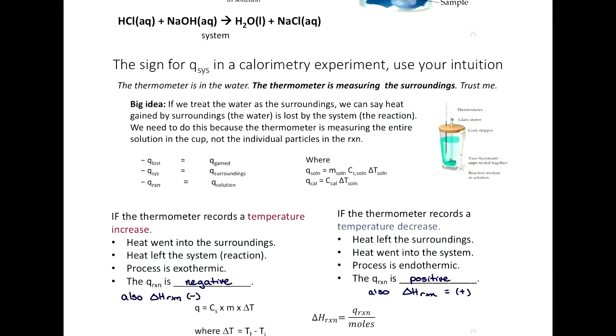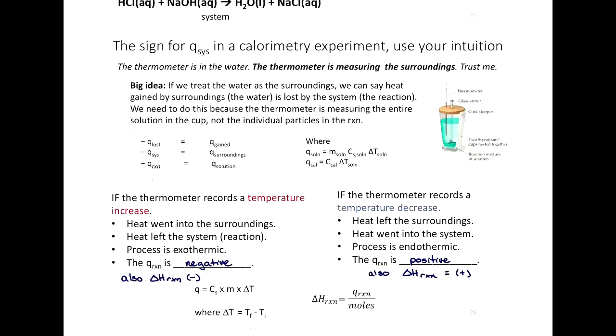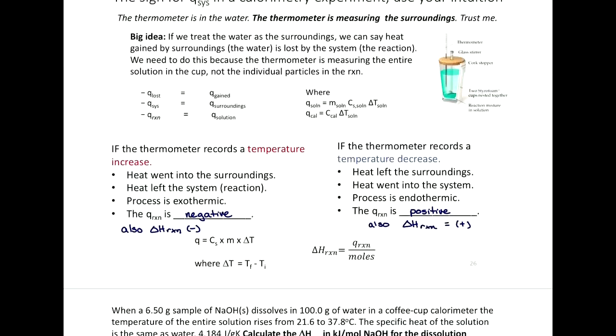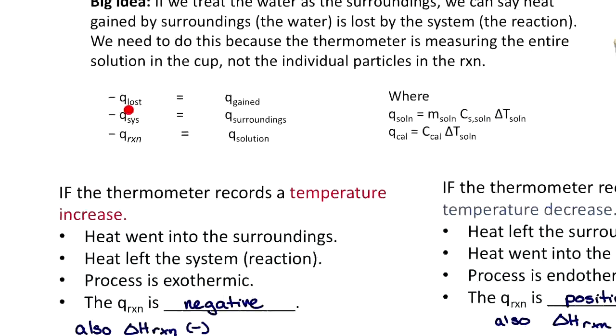as the surroundings. So with that in mind, and the first law of thermodynamics that says any heat that is lost is gained somewhere else: if the system loses heat, it's gained by the surroundings. So we can also say if the reaction gives off heat, it's gained by the surrounding solution, the water.